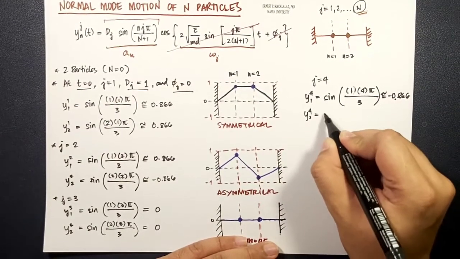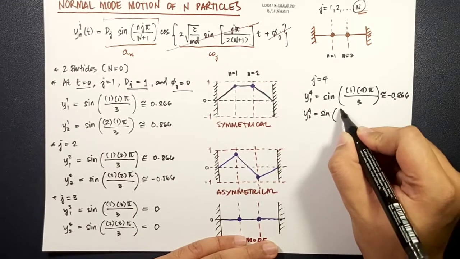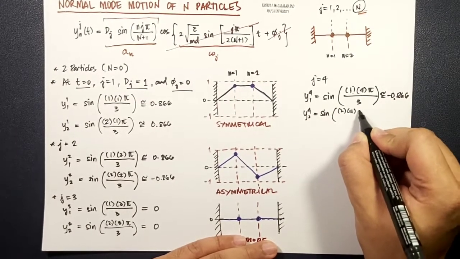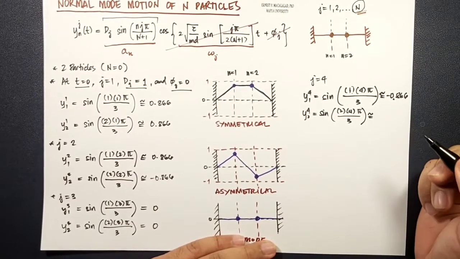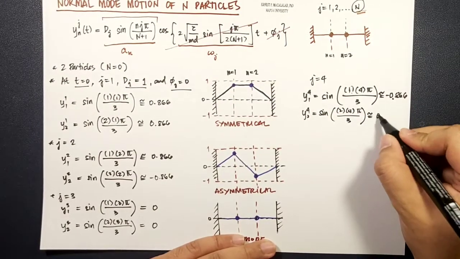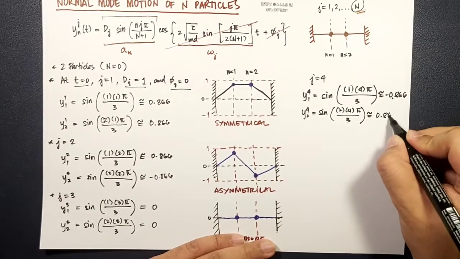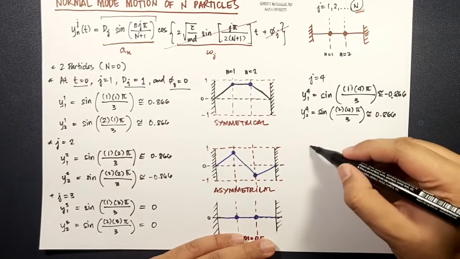And y2,4 is sine of 2 times 4 pi over 3, and this is equal to 0.866.